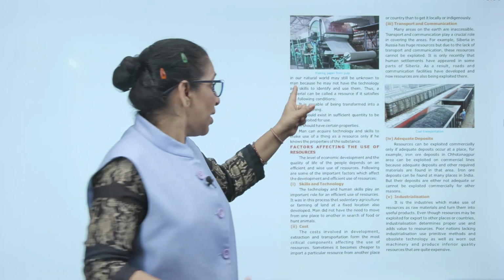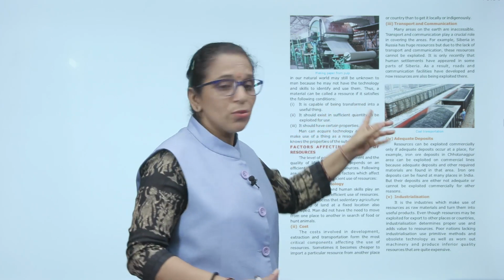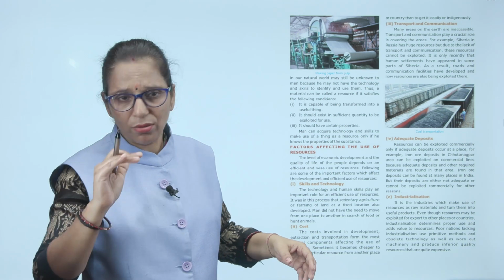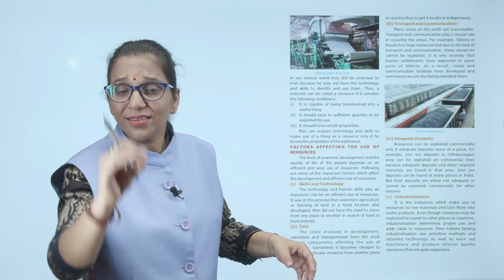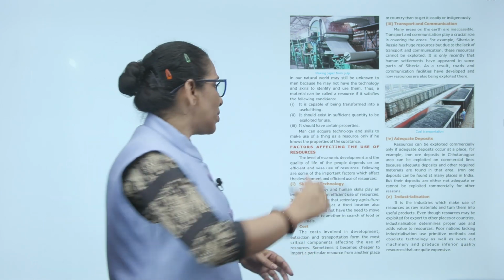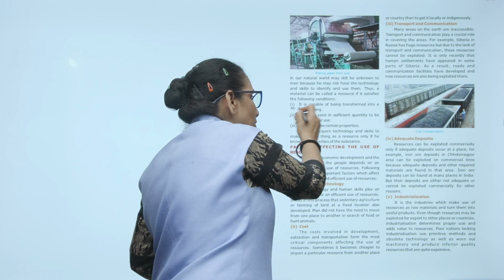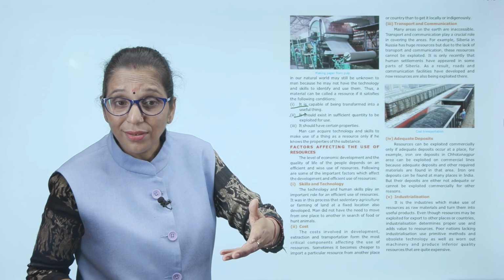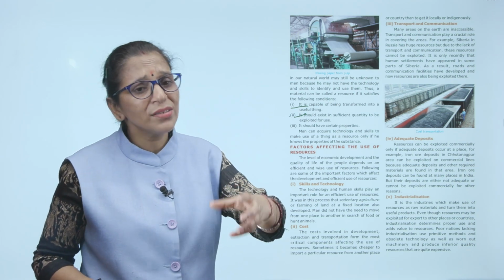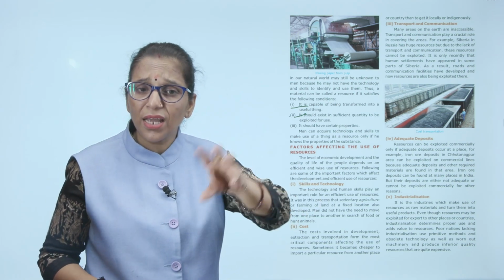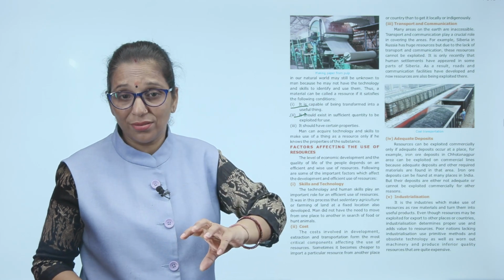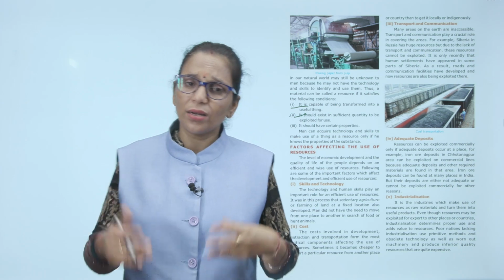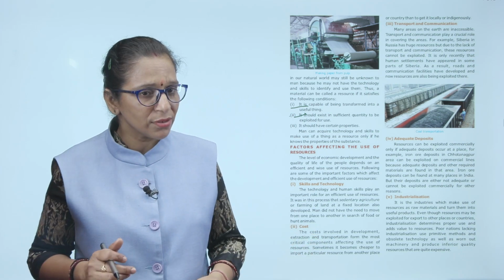Number 1, the material should be capable of being transformed into a useful thing, as I have previously told. Number 2, it should exist in sufficient quantity to be exploited for use. Third, it should have certain properties, so that man can acquire the technology and skill to make use of the thing as a resource. If these conditions are fulfilled, then only can you convert the thing into a resource.